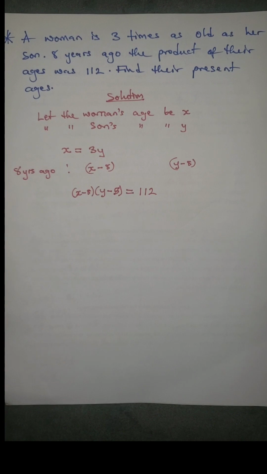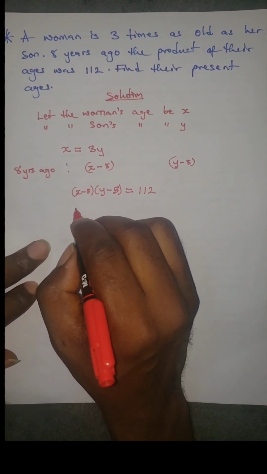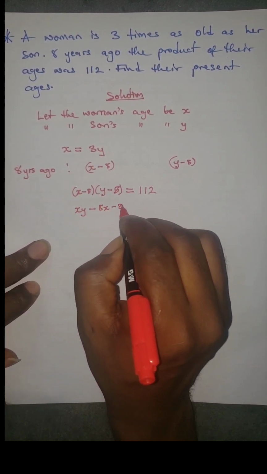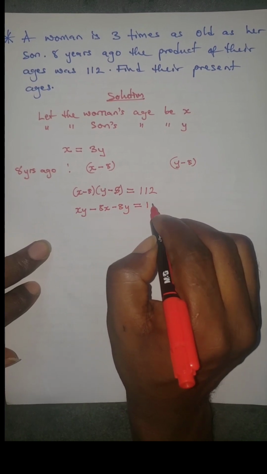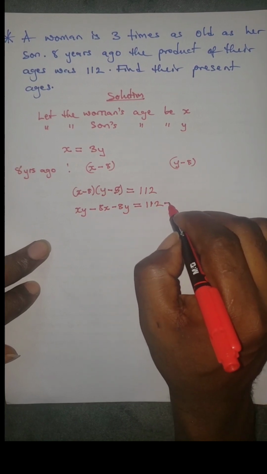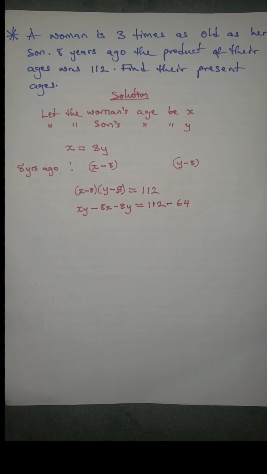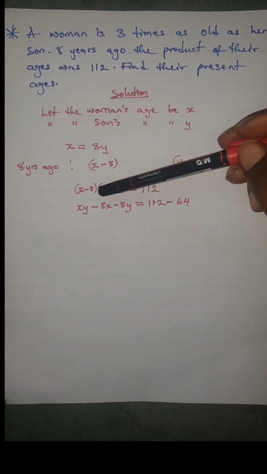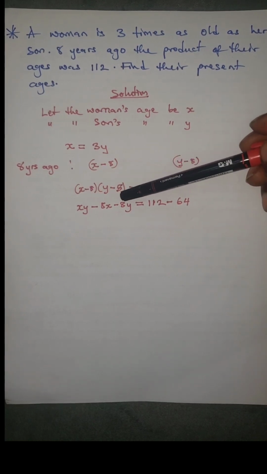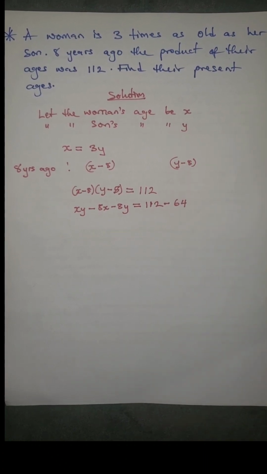Okay, so when you open your bracket here, you are going to have xy minus 8x minus 8y equal to 112 minus 64. So what I did there is that when I open this bracket, minus 8 times minus 8 will give me 64. So when I push it over here to meet the numbers, it's going to become minus 64.